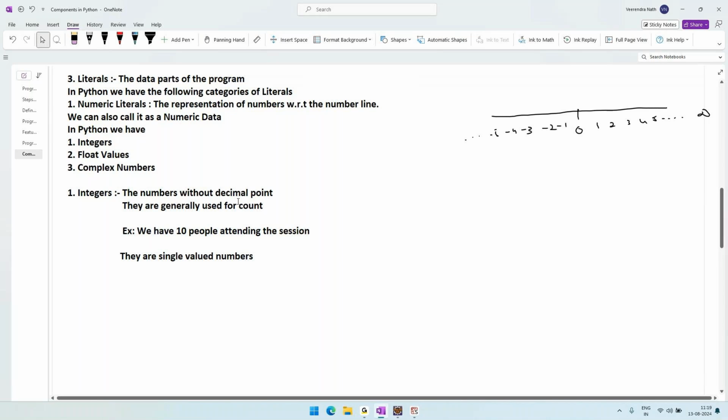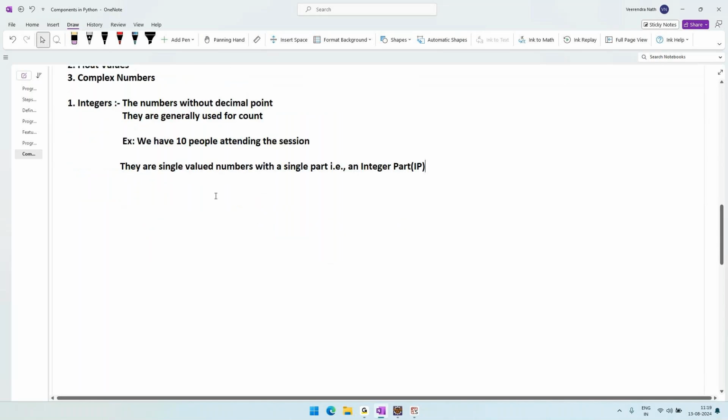Okay, so they are single valued numbers with a single part, that is an integer part.